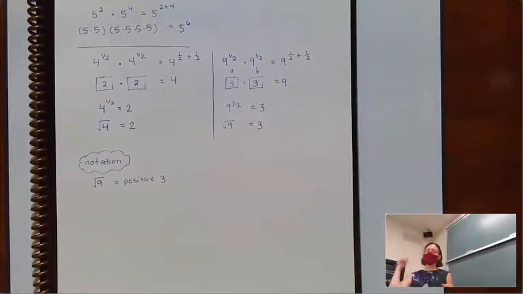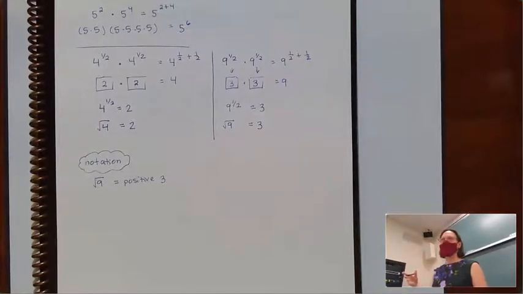Now, some of you might be thinking in the back of your head, wait, I thought we were supposed to do plus or minus 3. And if that is something that is tumbling around in your brain, I want to address why that's happening.